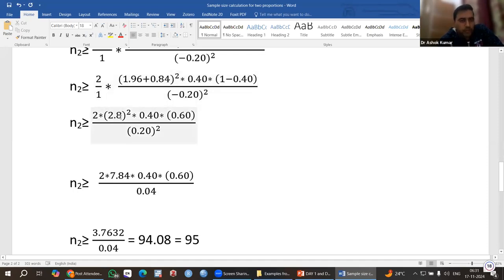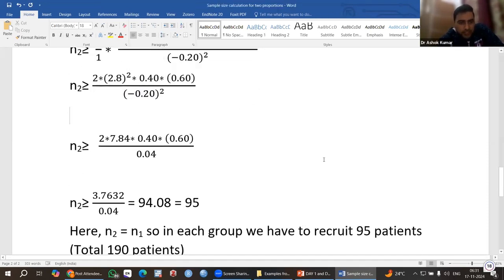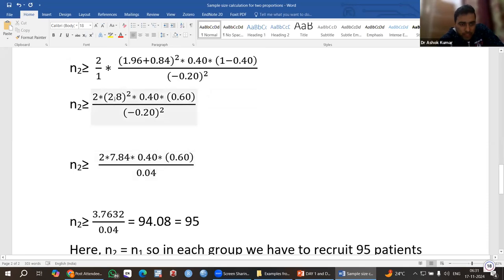You can do it yourself. Then 1 minus 0.4 comes to 0.60. Then we have to square this 2.8, so it comes to 7.84.